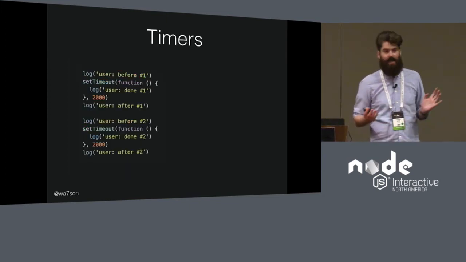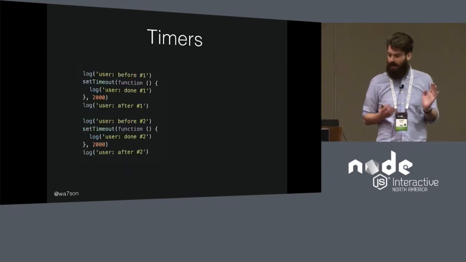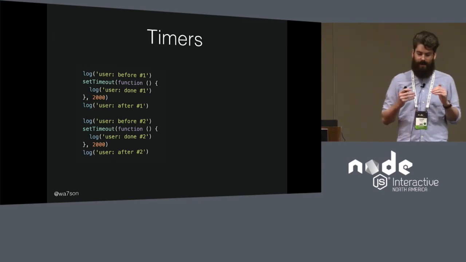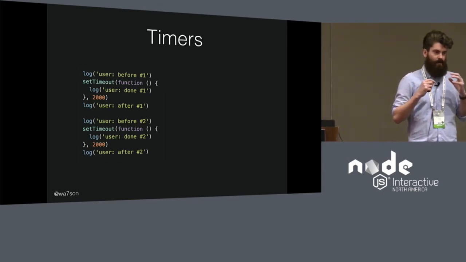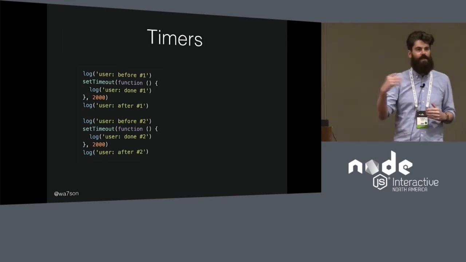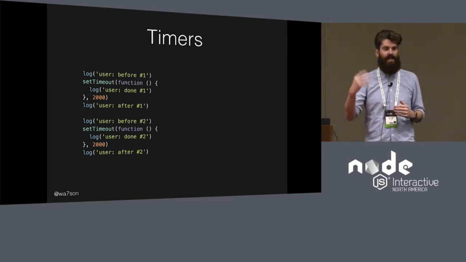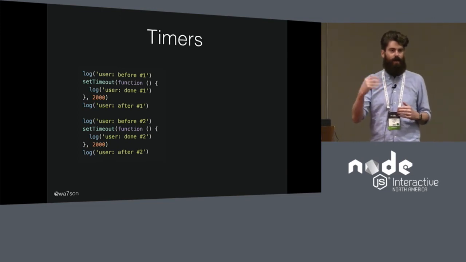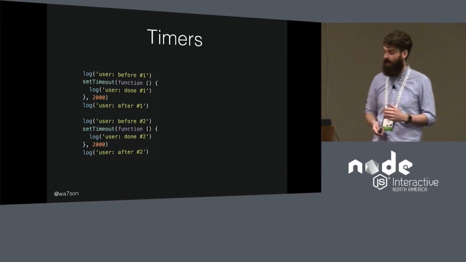So a little gotcha about timers. Timers are really, really optimized in Node.js, so they will actually share the same handle object. So the init function, the handle object will only be initialized once, and the init callback will only be called once.